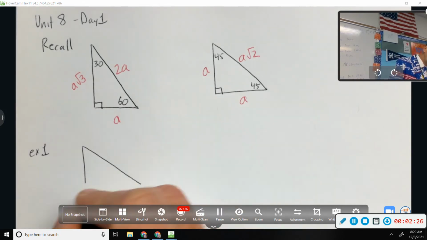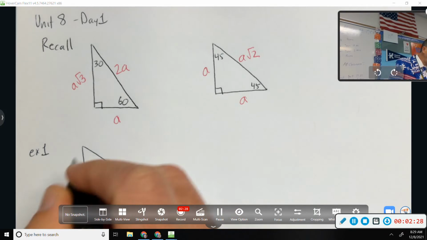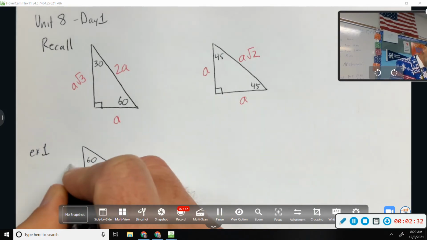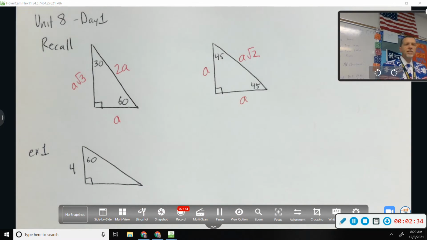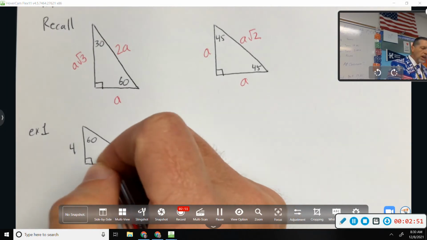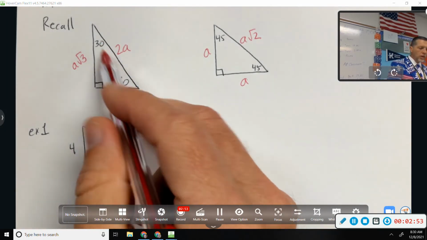So let's actually do a couple of review problems based on that. To solve these, the best way to do it is to put the pattern on first and then match up what you can to figure out what A is. So across from 30, and this is how you remember it, you have to remember who's across from what.